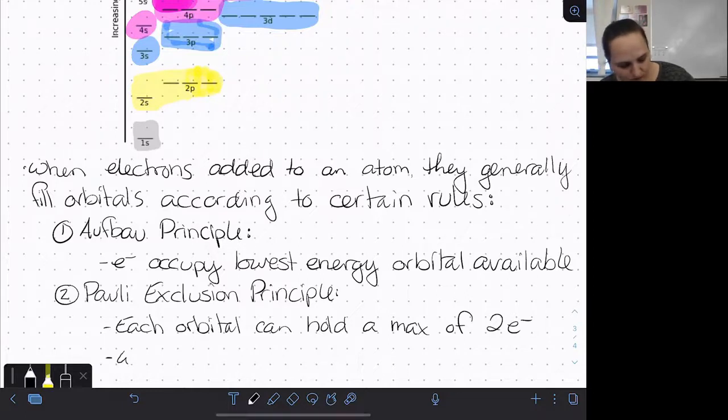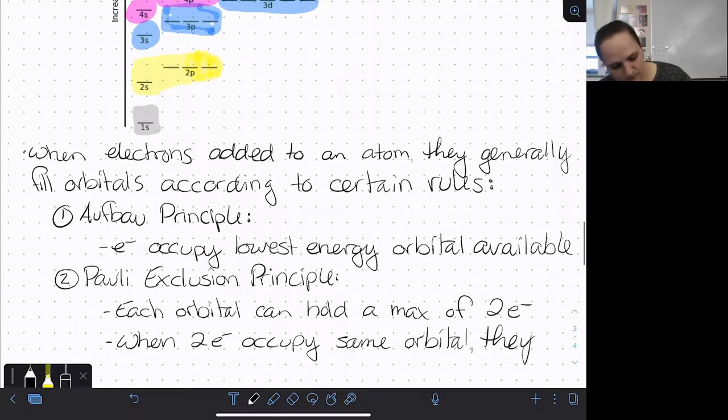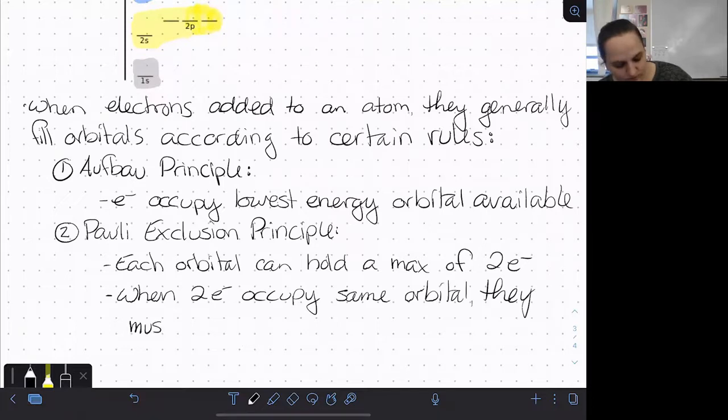And that when 2 electrons occupy the same orbital, they must have opposite spin.